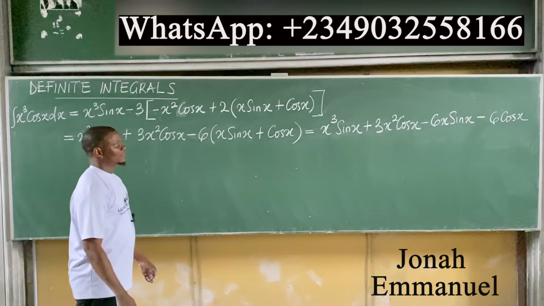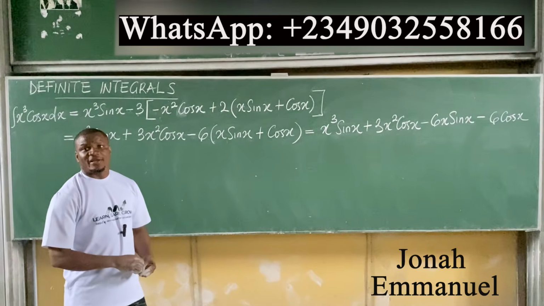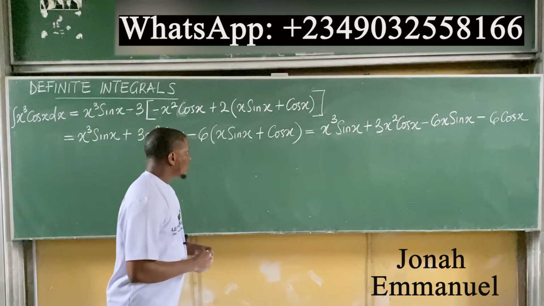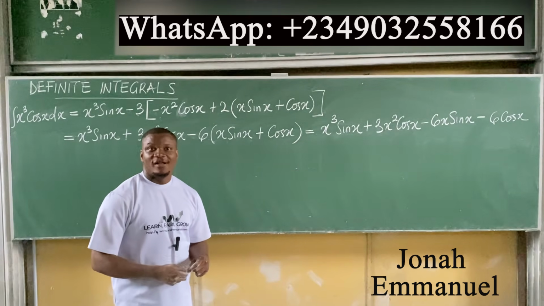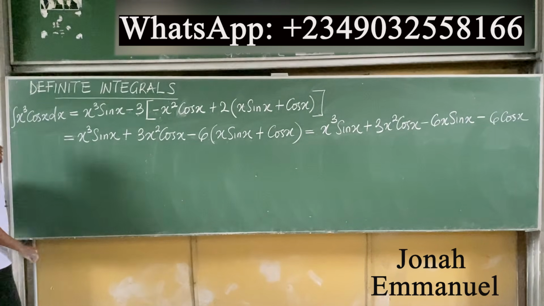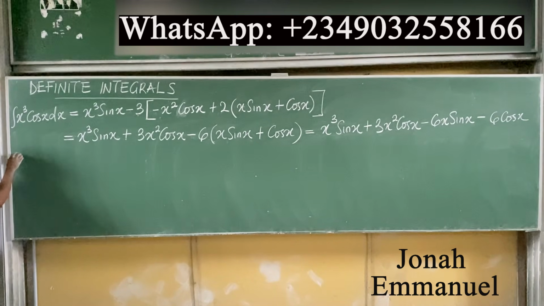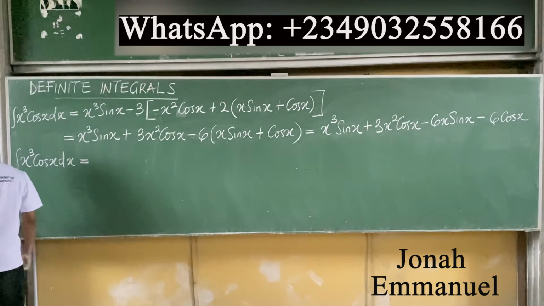Any like terms? Don't say yes. What's the like term? So you see sine x, you shout yes. So listen. That means the integral of x cubed cos x dx is equal to what I have there.